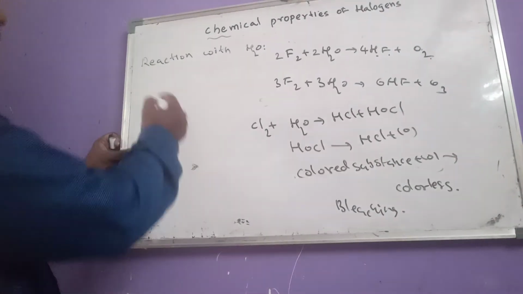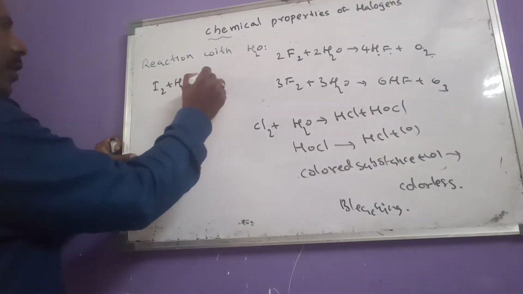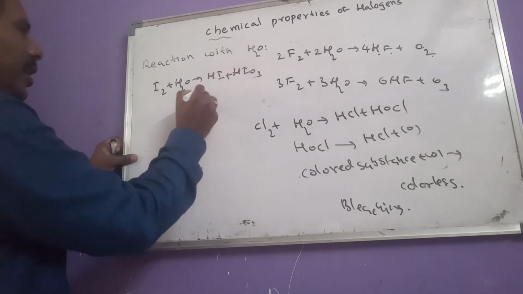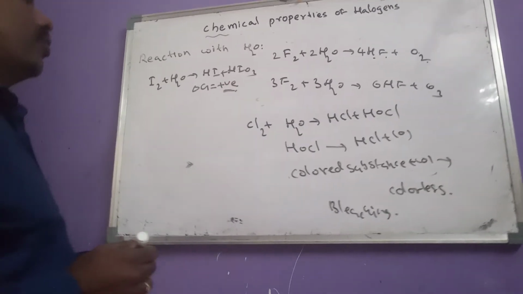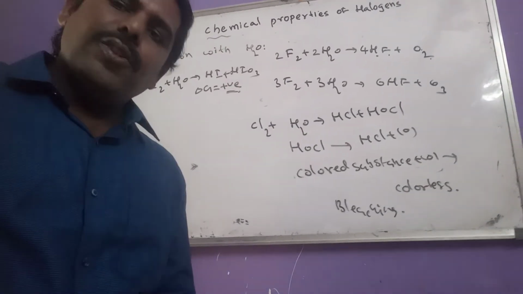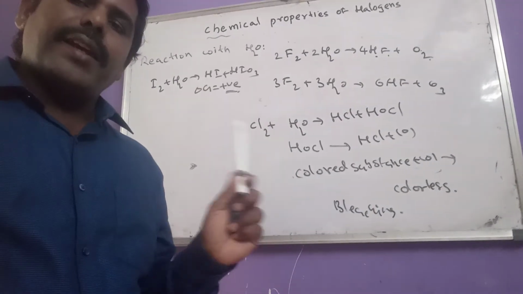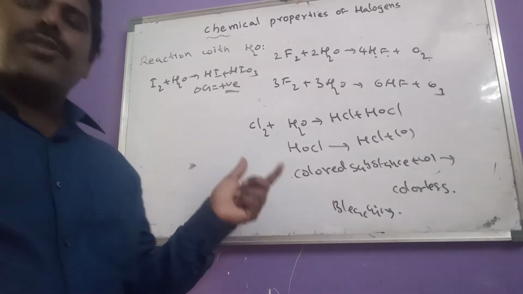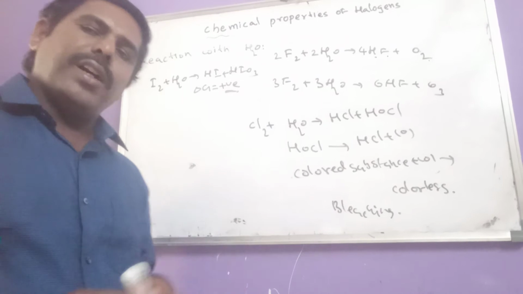One more important thing: if iodine reacts with water, of course we may get HI plus HIO3, but delta G for this reaction is positive. Delta G positive means the reaction is non-spontaneous. So this is the information regarding the reaction of halogens with water.